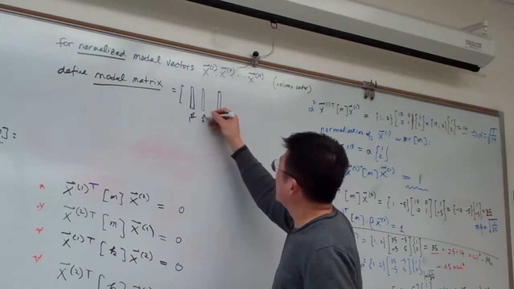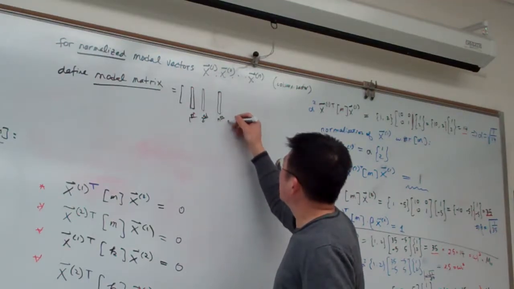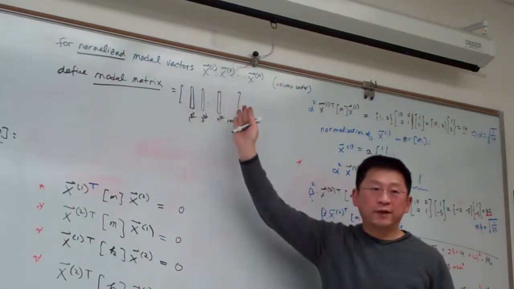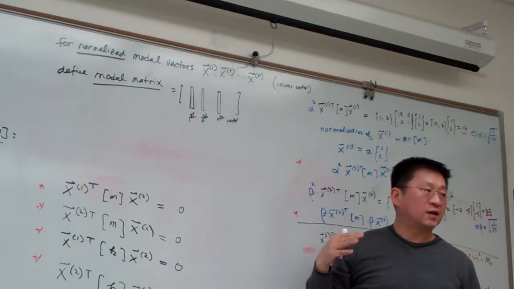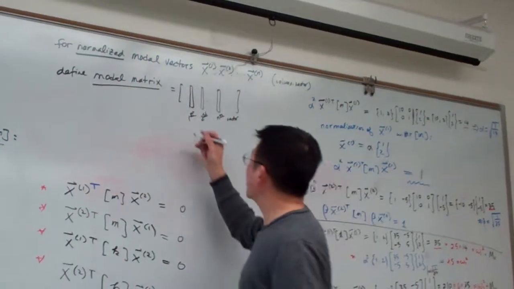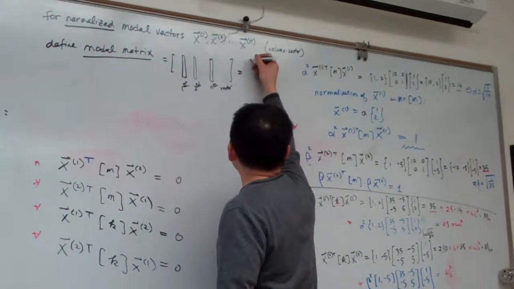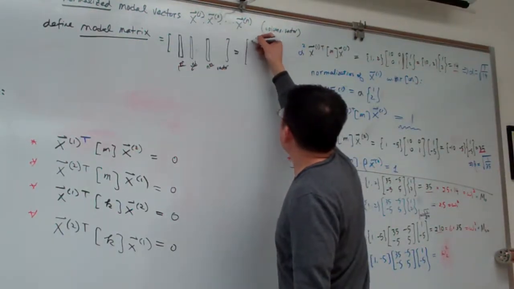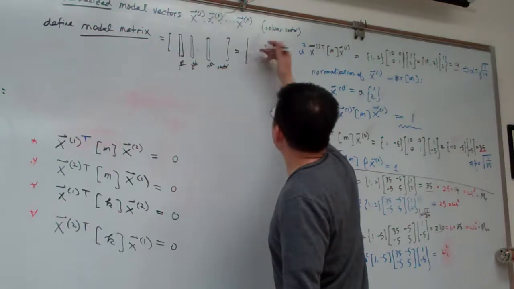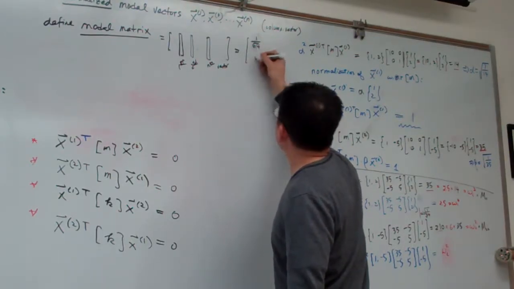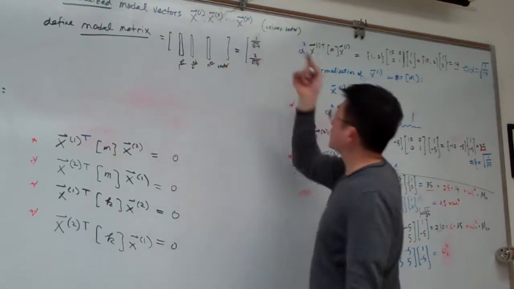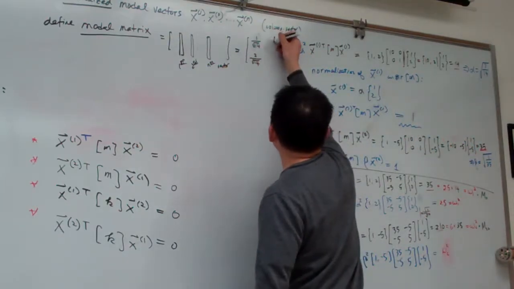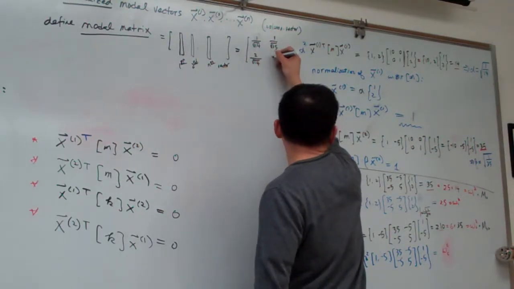We simply put each column vector into a matrix sequentially. That's the arrangement. For example, for our example here, that simply is this. Our modal vectors are 1 over square root of 14 times 1, 2. That is the first, normalized mode. The second mode is 1 over square root of 35 times 5, minus 5.